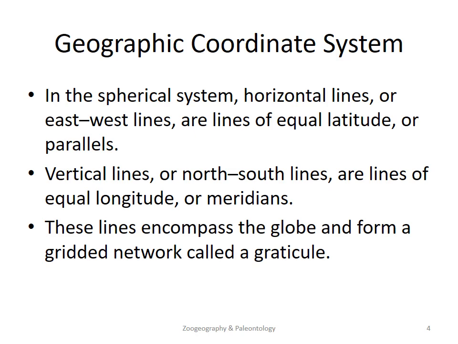They are not equidistant. These lines intersect at the North Pole and the South Pole. In order to map the world, when we put together the latitude lines and the longitude lines, the result is an internetwork known as the graticule. These lines encompass the globe and form a grid network called a graticule.